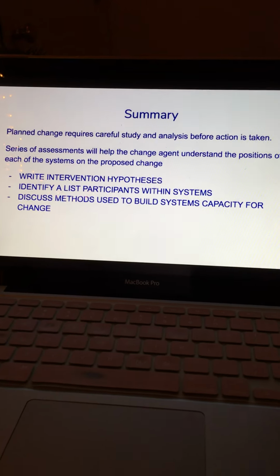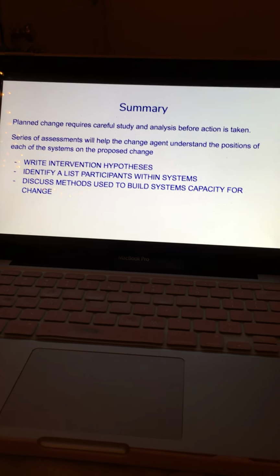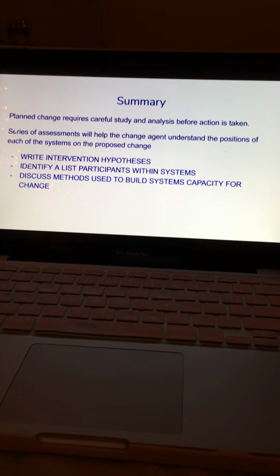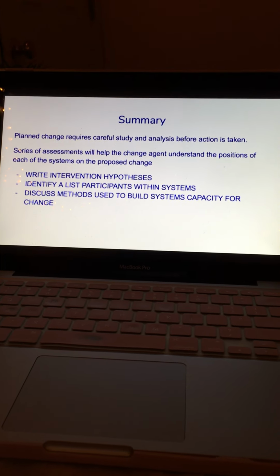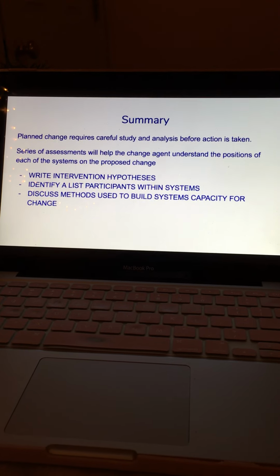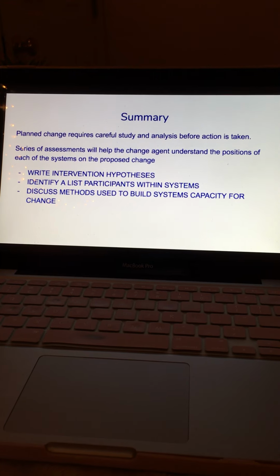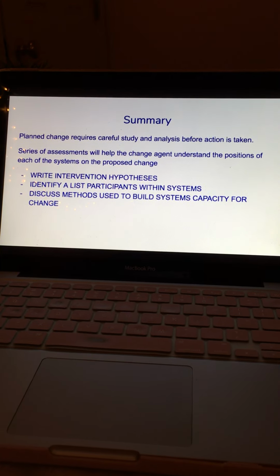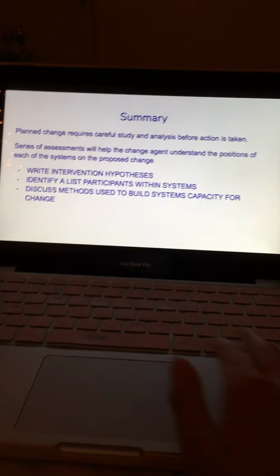And then in caps, I wrote basically what was covered in this video: how to write an intervention hypothesis, what is the problem, how can we change it, and the intervention, what do we have to do to improve what's going on in a community. Identify a list of participants within systems, so who is involved with this problem, and discuss methods used to build systems capacity for change. So that's about it for chapter 9.